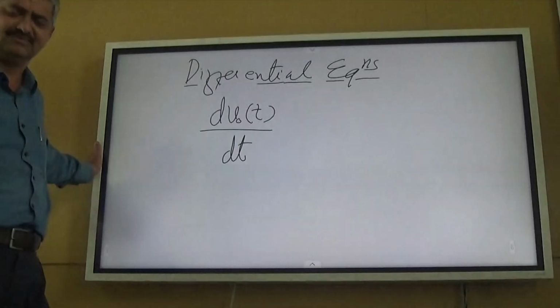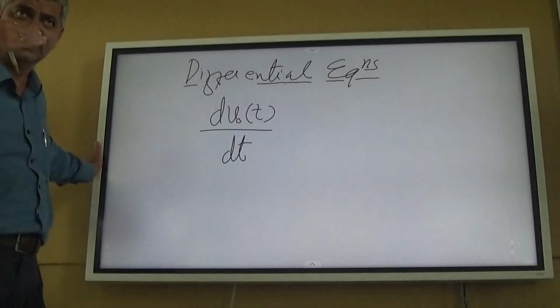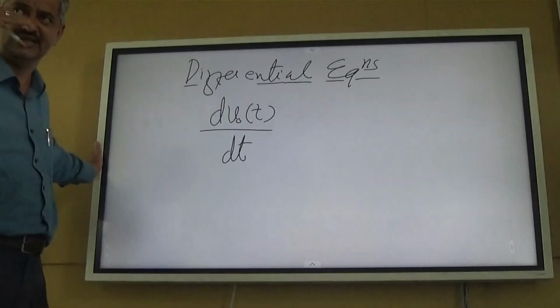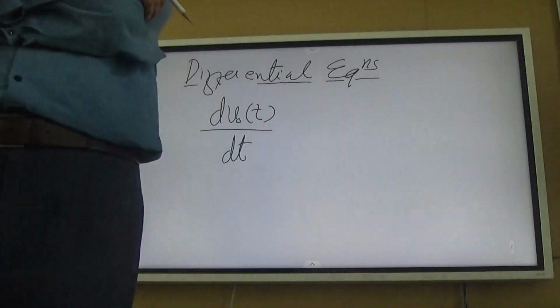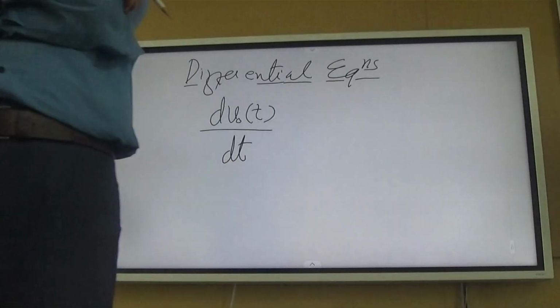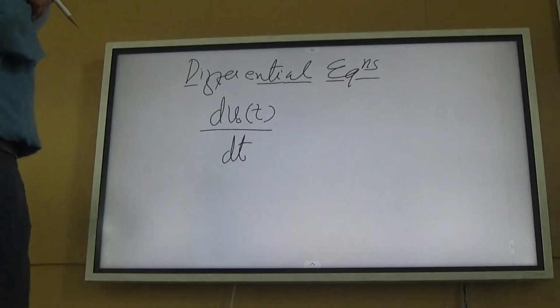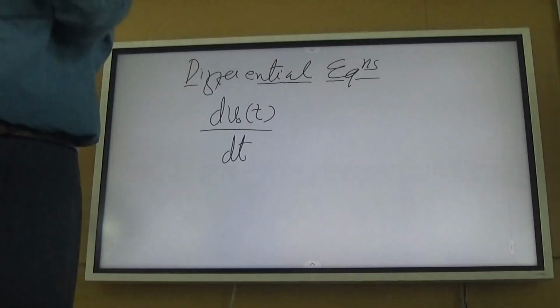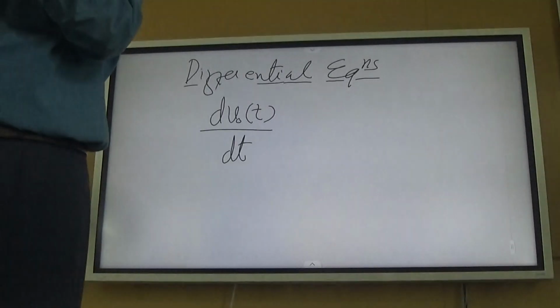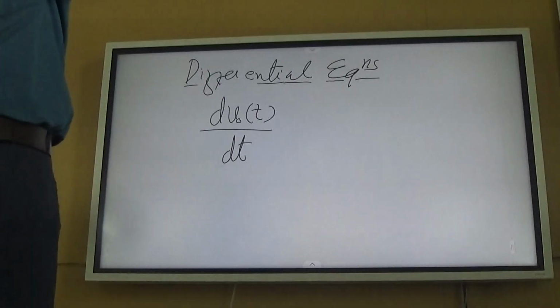So let us say that we want to find out V(t). So at least we must have the term dV(t)/dt. To start with, we must have one differential term to be called a differential equation. So what is the simplest differential equation? dV(t)/dt is an essential term. It may have some multiplier, it may not.